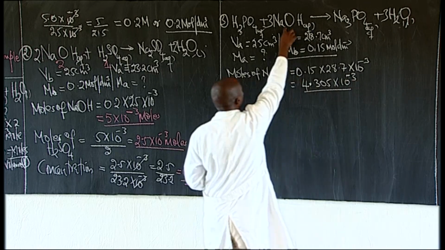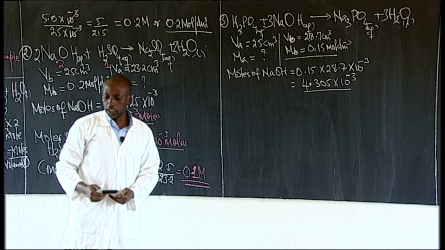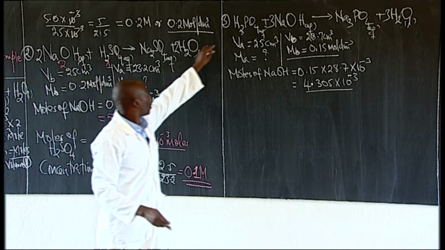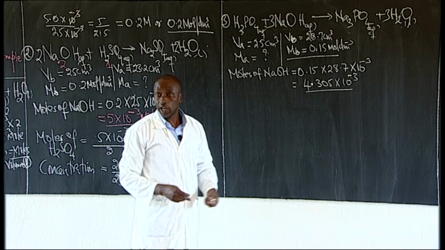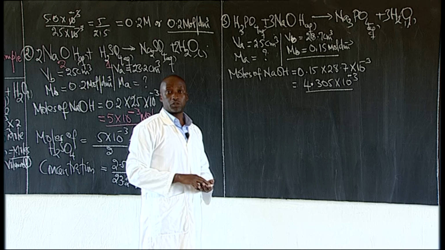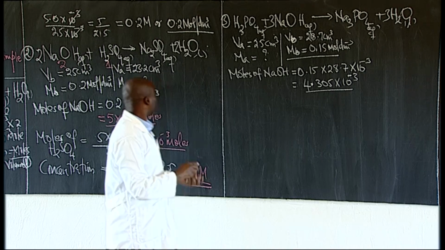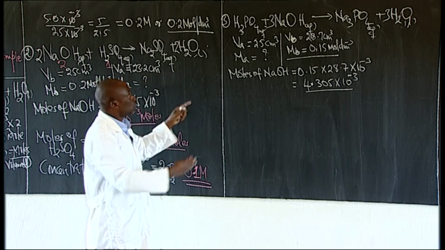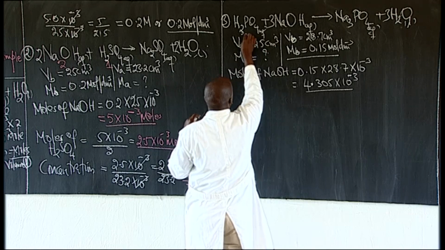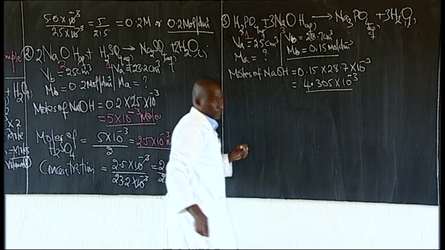So these are the moles of the base. We need to calculate the number of moles of the acid. And as we did in the previous question, we need to look at the reaction ratio. This is 1, this is 3.